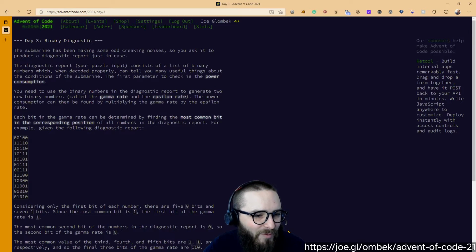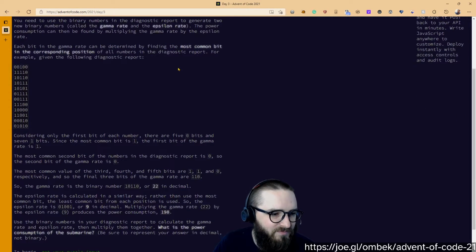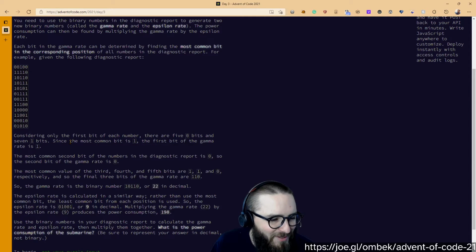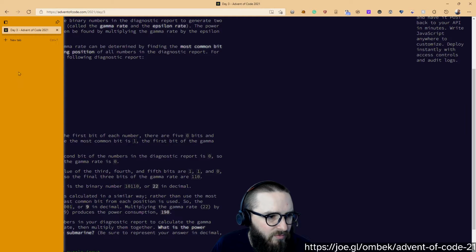For example, given the following diagnostic report, considering only the first bit of each number, there are 5 0 bits and 7 1 bits. Since the most common bit is 1, the first bit of the gamma rate is 1. 1, 2, 3, 4, 5.